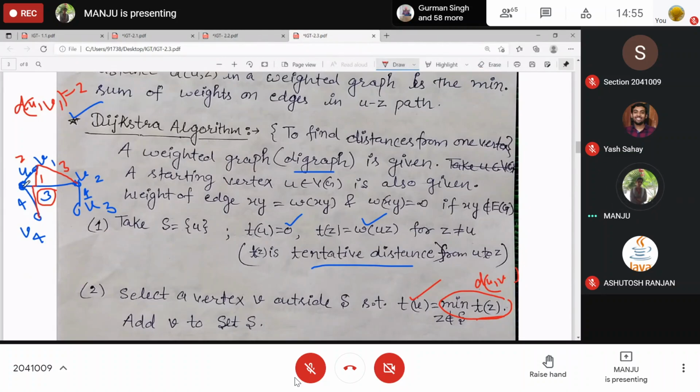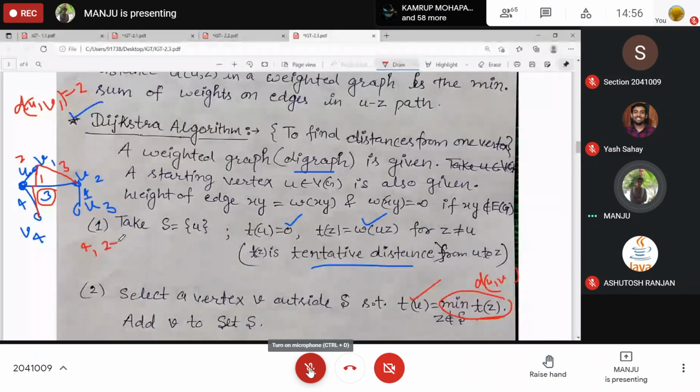Then u to v4 was 4 earlier, and via v1 it is coming as 2 + 1, right? So which is the minimum? 2 + 1 and 4. Earlier it was 4, and now via v1 if you want to explore, this is coming as 1, and from u to v1 this is 2.